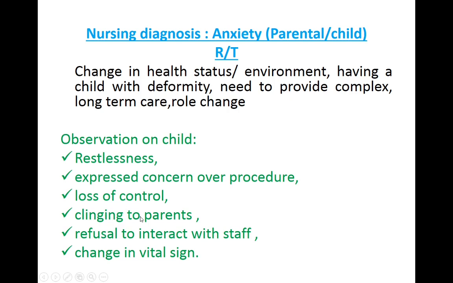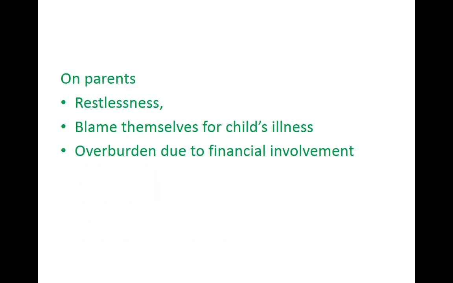Clinging to parents, refusal to interact with the staff, changes in vital signs: these things you will see in the child. In parents you might again see restlessness, and you may see them blame themselves for the child's illness. Overburdened due to financial involvement, they are not able to cope with that.